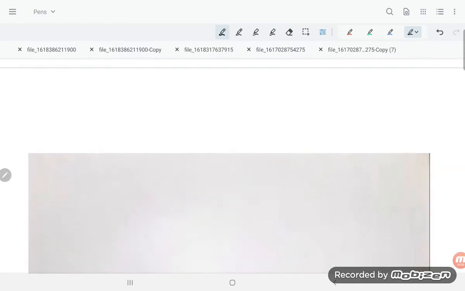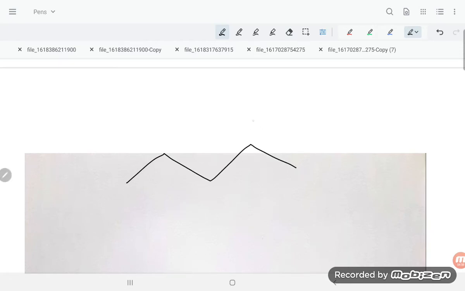Now the next point which you are going to understand. So here is this and this. You can start numbering from this direction, 1, 2, 3, 4 and 5.